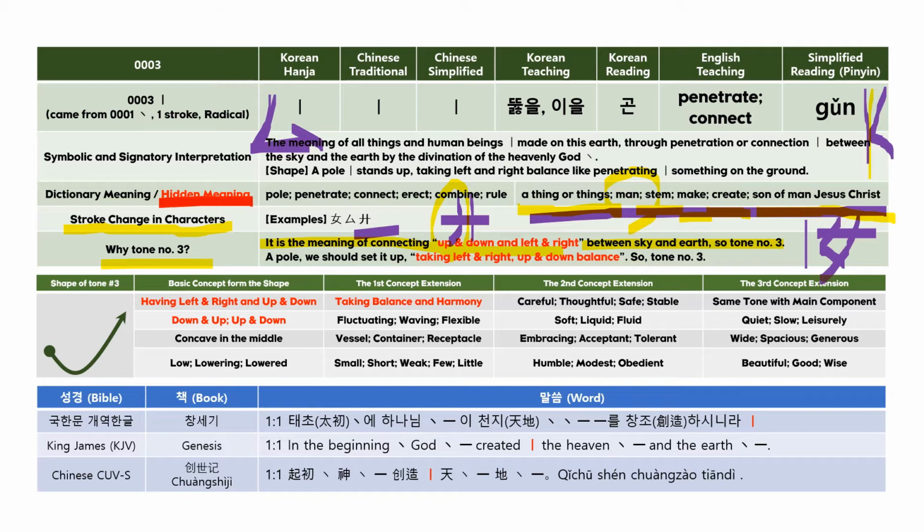And in addition, a pole we should set up, taking left and right and up and down balance. So tone number 3, you can find through this Chinese pinyin tone number principle table, having left and right and up and down, taking balance and harmony, all the elements of the tone number values.